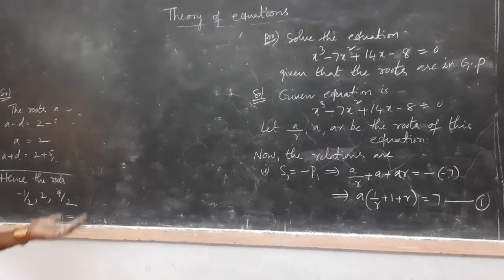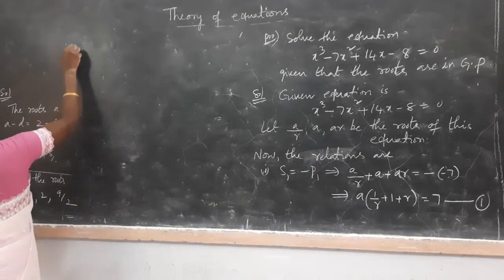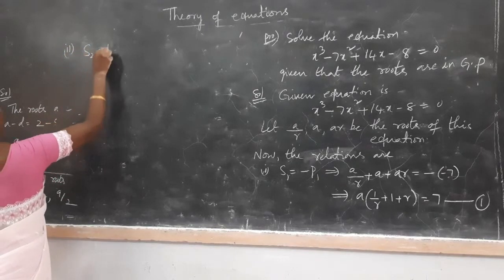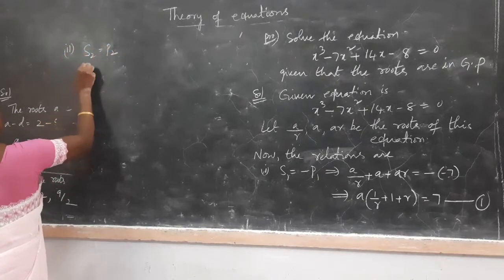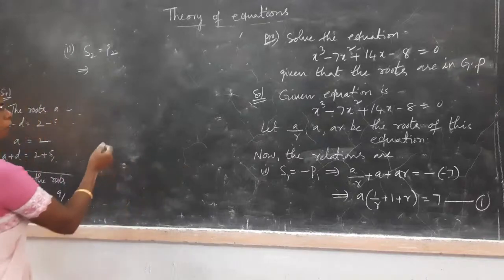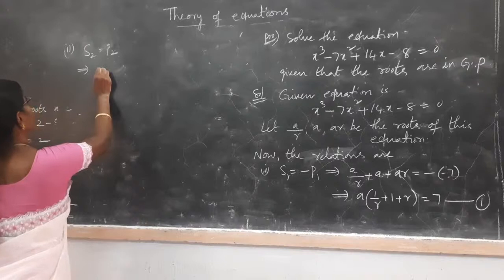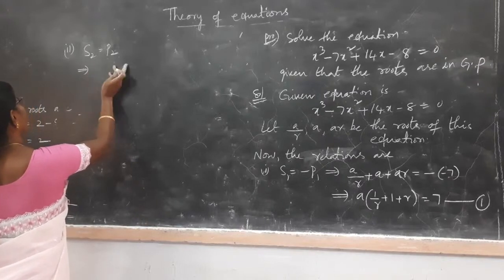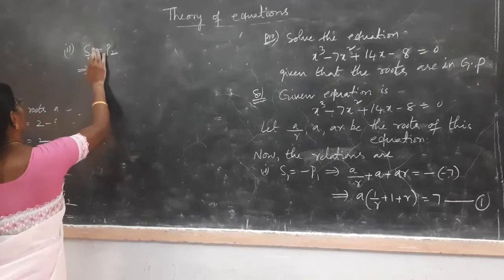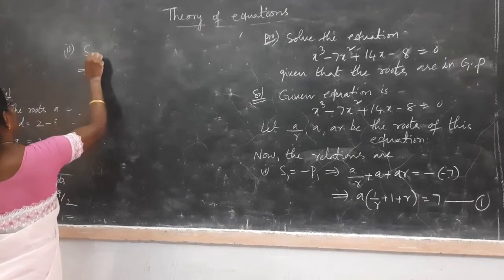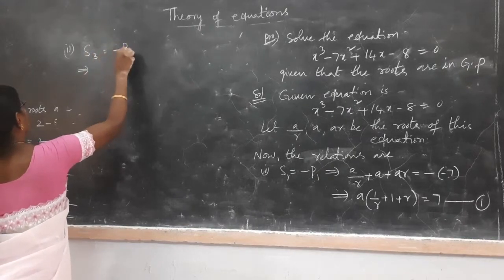I can write that, or fine, let us write it. What is the second relation? S2 is equal to p2. This implies S2, alpha beta. Yeah, I think it is of no use. I write the third relation, that is S3 is equal to minus p3.